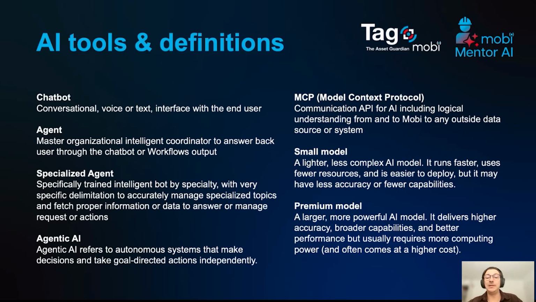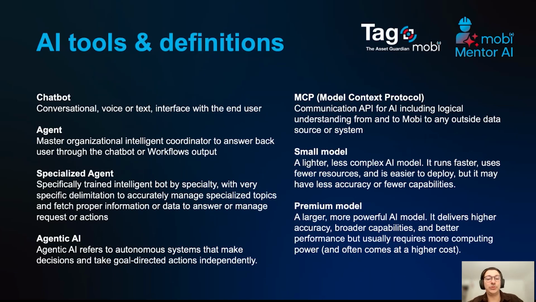What really puts the brain behind the chatbot would be the agents. The agents are really the intelligence behind it. They're coded to answer back to the user or have a back and forth. So often you have the chatbot, that's the interface. Behind the chatbot, you would have an agent.